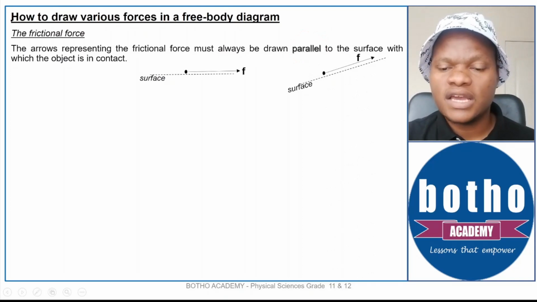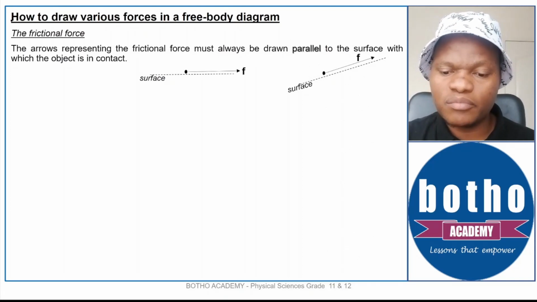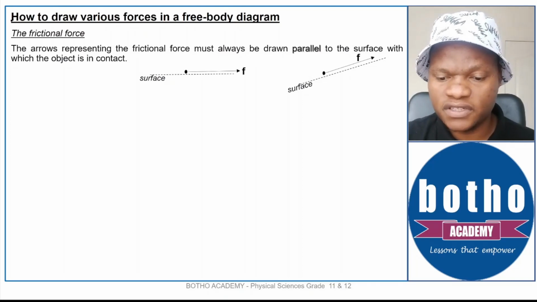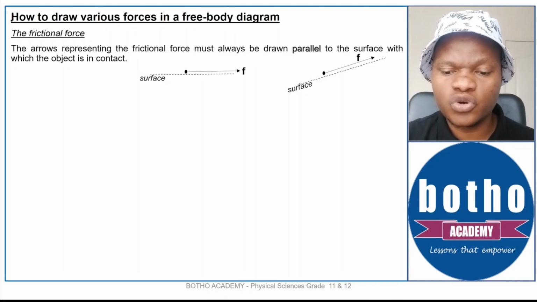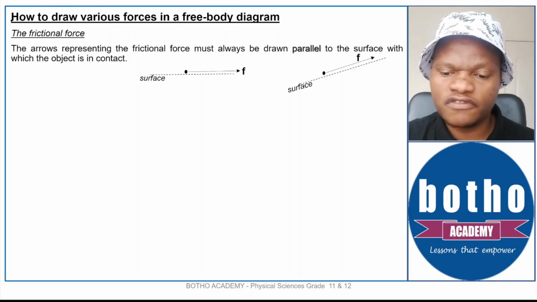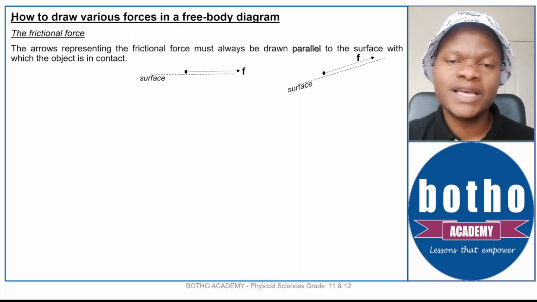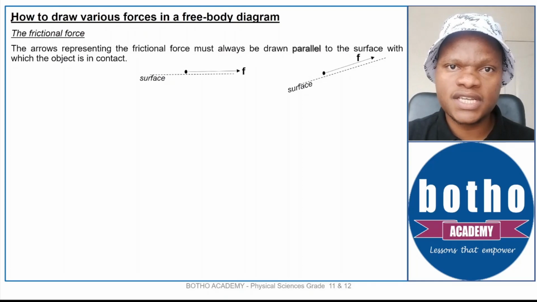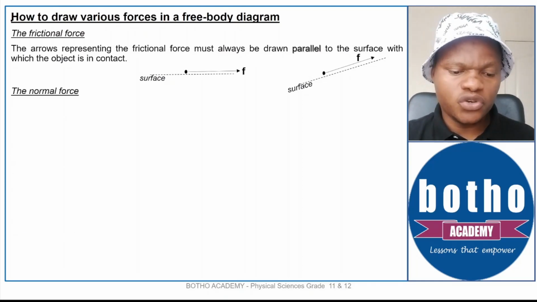As you can see, this is an example of an object that is moving down the slope. So this is a frictional force going up the slope to show that the object is actually going down the slope, because the frictional force must always oppose the direction of motion. Let's then move to the normal force.